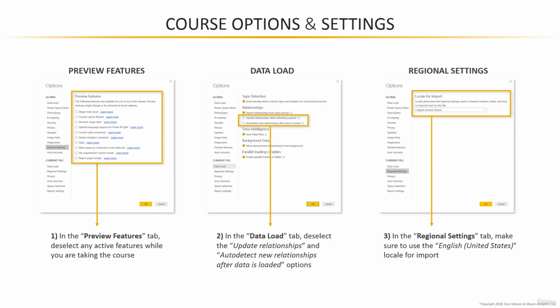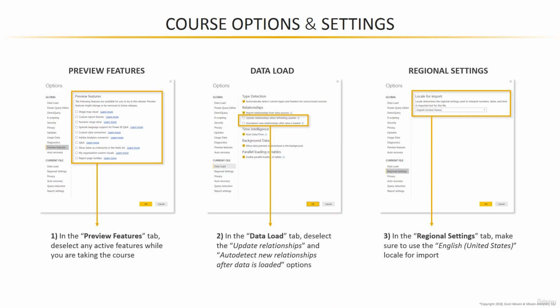We've got decimal places noted by periods, not commas. So if you're in an area with different regional settings, like Europe or South America, for instance, you might experience errors when you try to load up that raw data if your system is looking for a different format or syntax. So I'm going to open up Power BI right now and just show you these 3 options in the actual Power BI environment.